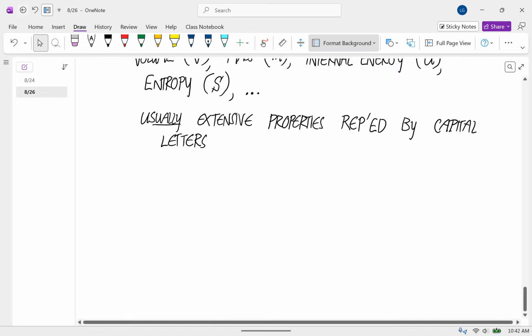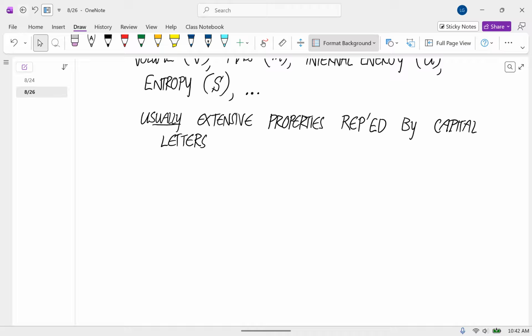Okay, intensive properties. So let me say the most important exception here is m. That is an extensive property, but we're going to use a lowercase letter for it. Okay, now what about intensive properties?